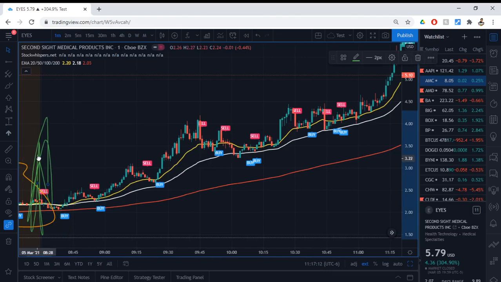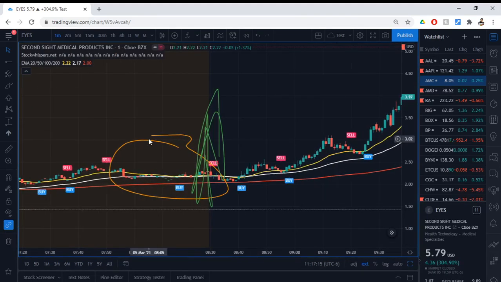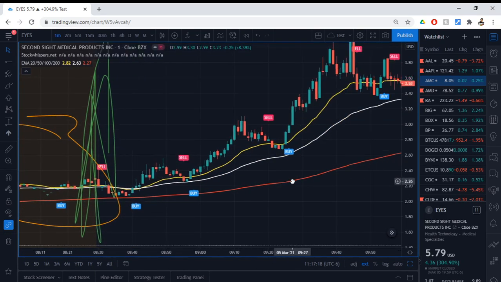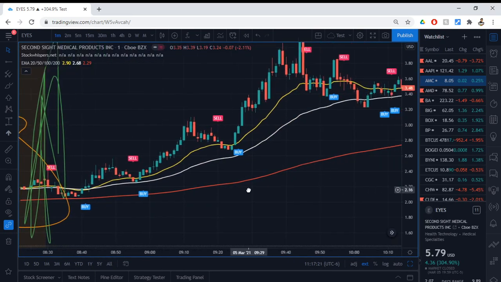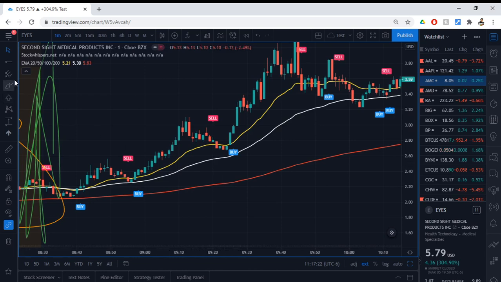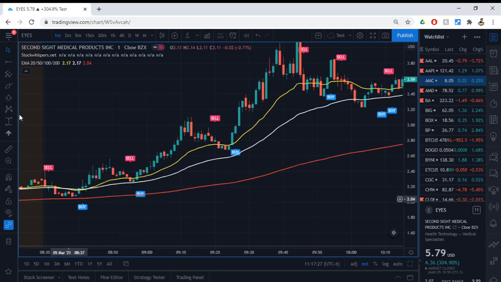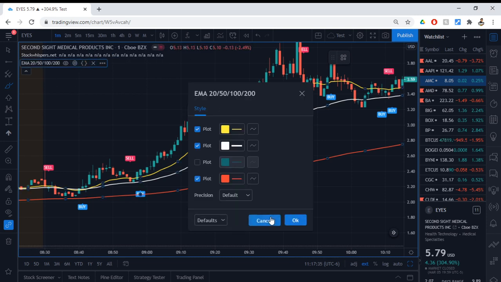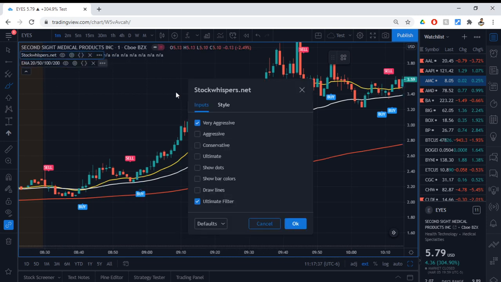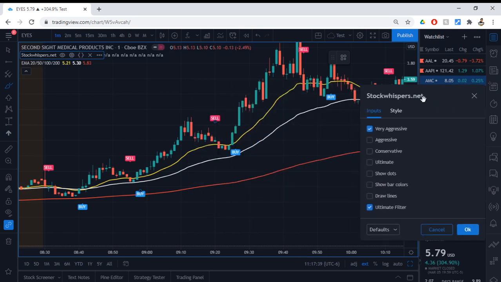So let's go over these few strategies on a smaller time frame. So buy candle here, right? Sorry, this is the very aggressive strategy, okay?